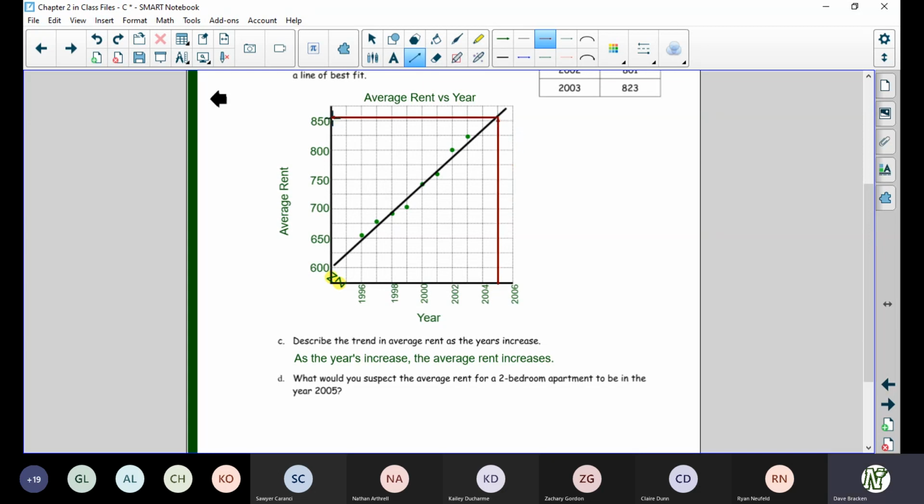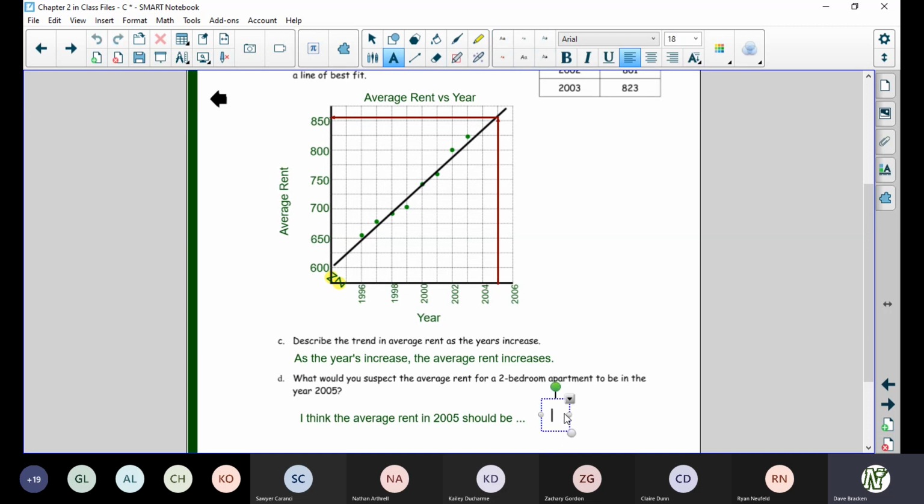I'm going to go right across and I'm going to say, maybe 855, 860, somewhere in there. But using your line of best fit, I think the rent for 2005 should be, for me, about maybe 855.